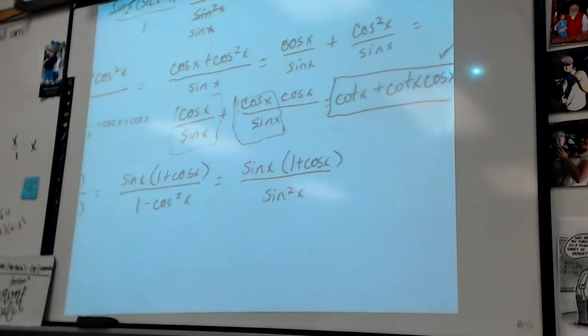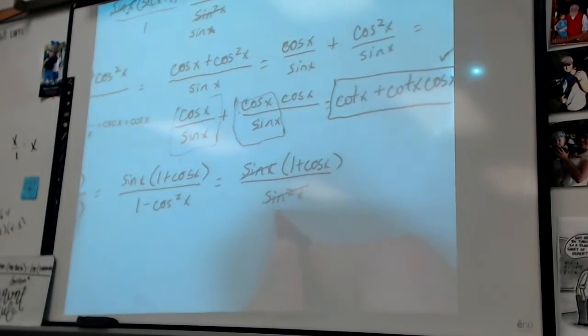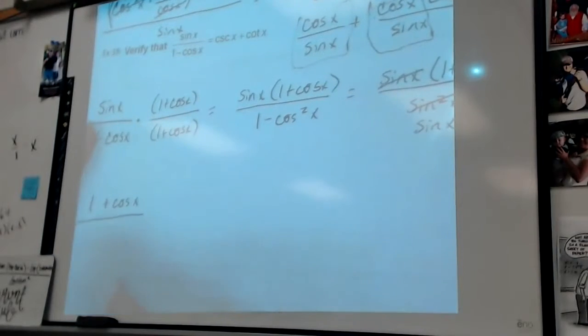You can mark out one sine on the top. Okay, I can cancel out one of the sine x. So this one cancels out, and this one now I just have 1 sine x. So I have 1 plus cosine x over sine x.